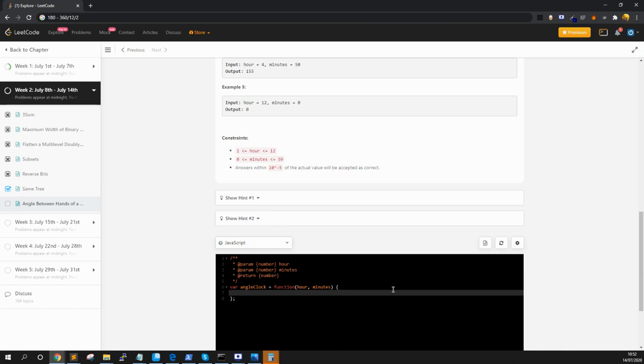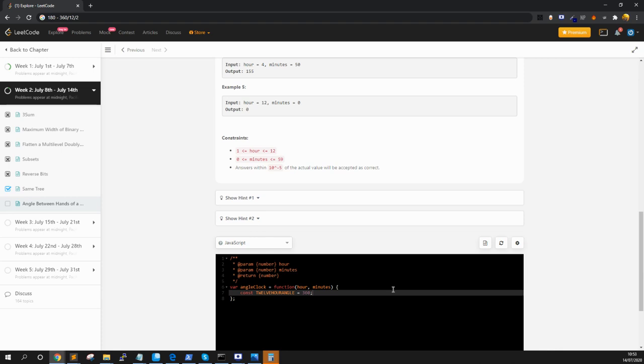So constant, and we call it 12-hour angle, which is 360. We said it as a constant.